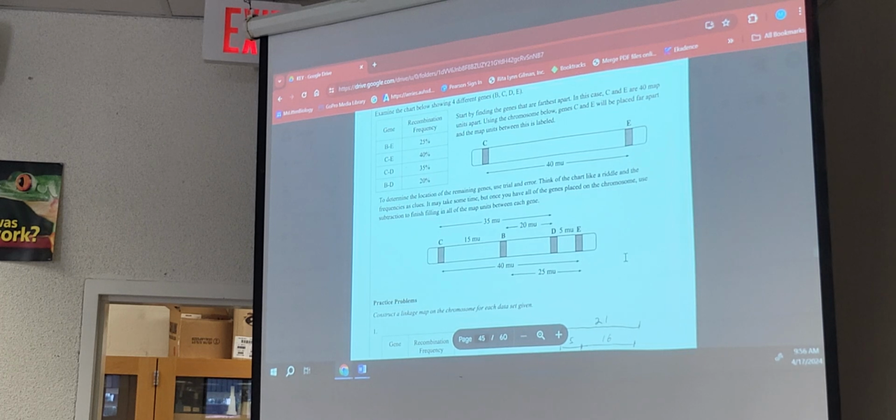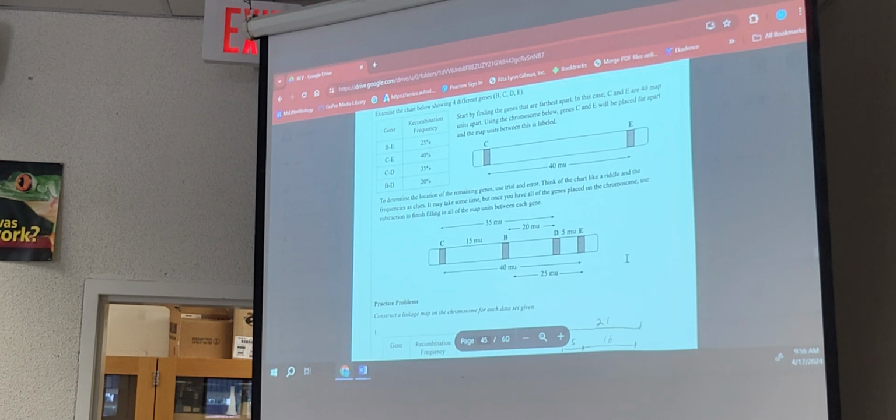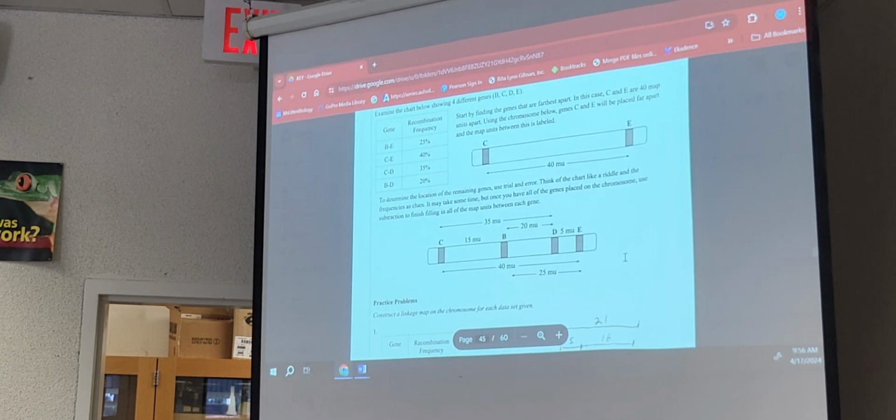And when we look at the CD next, C to D is 35. It doesn't tell you where it is in relation to E. It's only talking about CD.